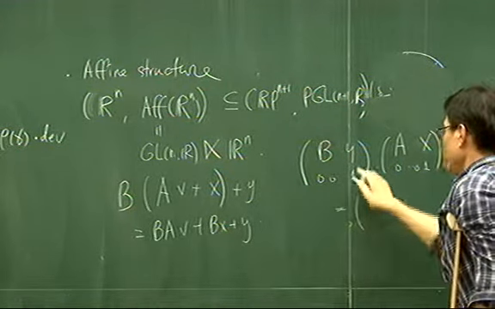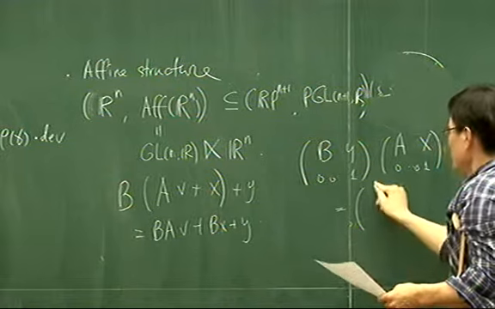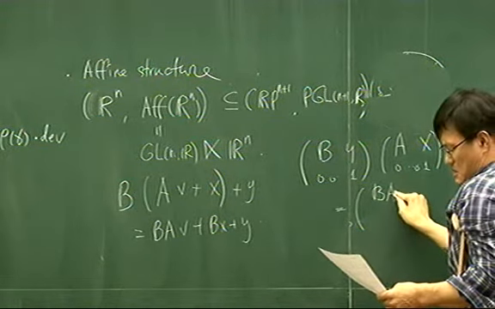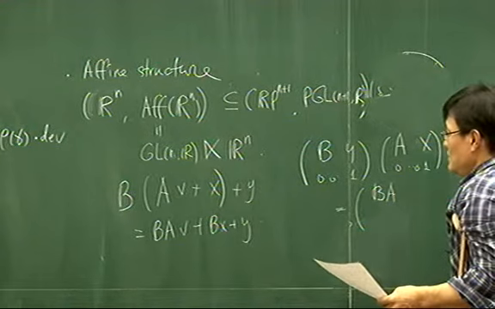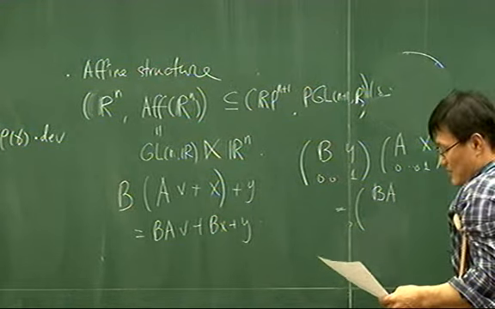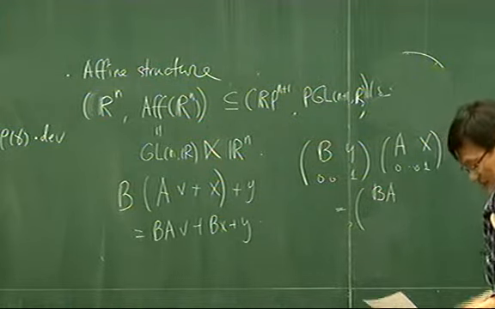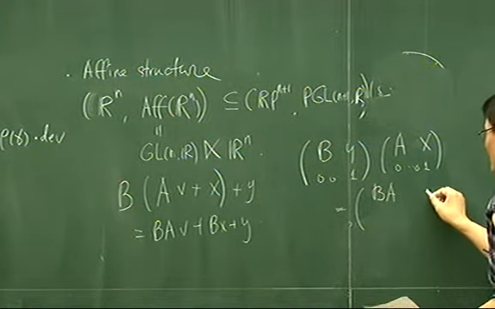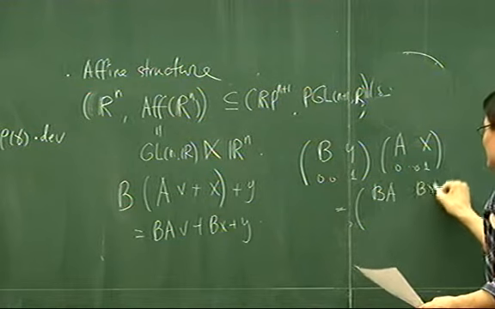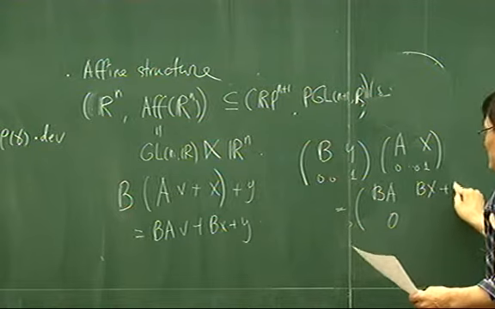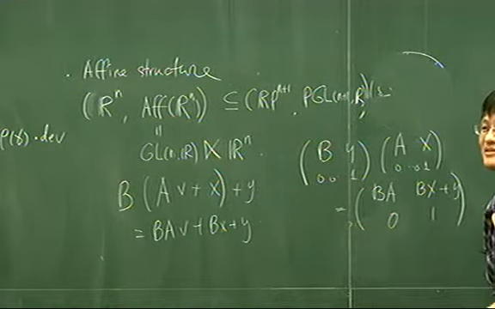If you multiply this out, you will have BA, BX plus Y, and 1, right?